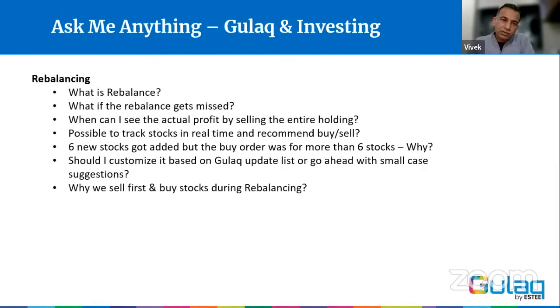So even though it's not a new stock, you will have buy orders in that specific stock as well. So overall buy orders, and overall even for sell orders, you're going to have more than the new stocks that are getting added or the stocks that are getting eliminated. So if 6 stocks are getting eliminated, you are most likely to see more than 6 stocks which have sell orders, because there'll be a few stocks which we are still holding, but where the allocation has gone down, and that's why we are selling only partially. So that is a possibility, and that's why it would happen.